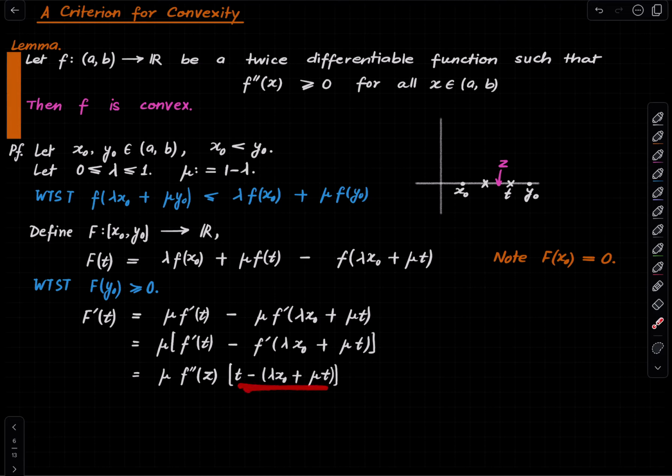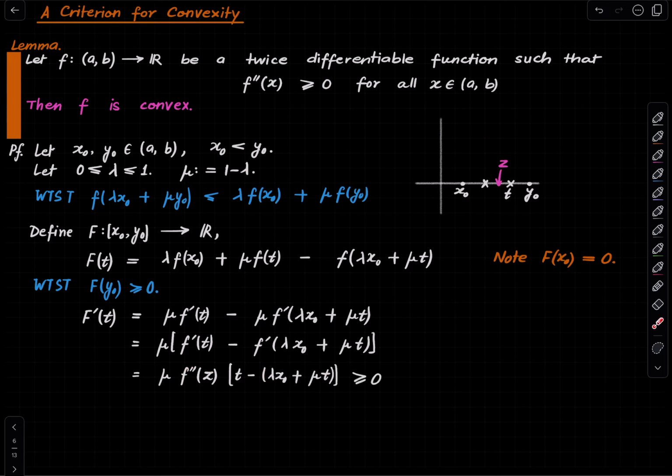But this is a non-negative number because of what I just said here. T minus that is going to be non-negative, right? This is between x0 and t, and therefore this is non-negative. This is anyway non-negative by hypothesis. Mu is also non-negative, so this is non-negative.